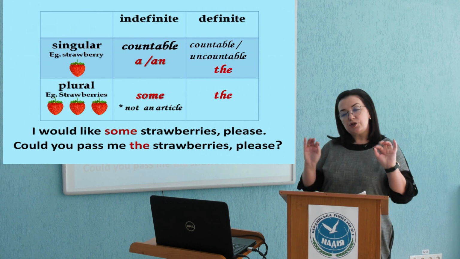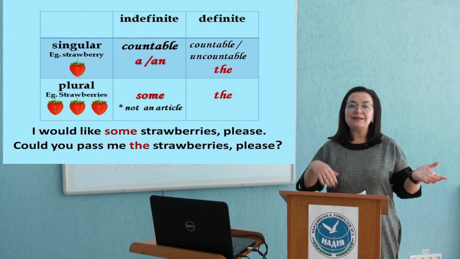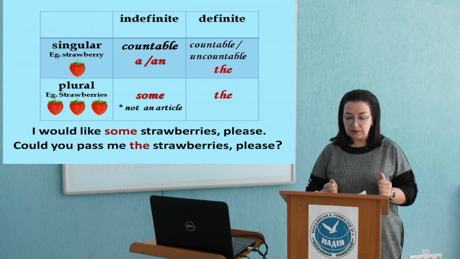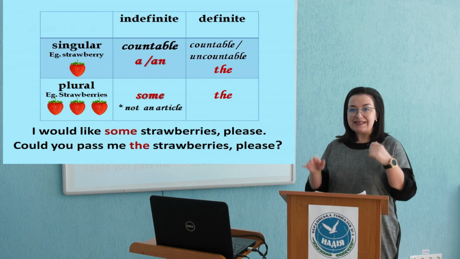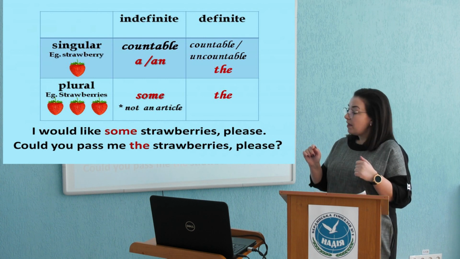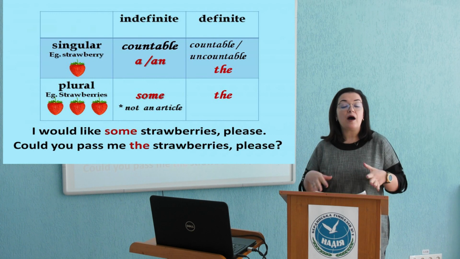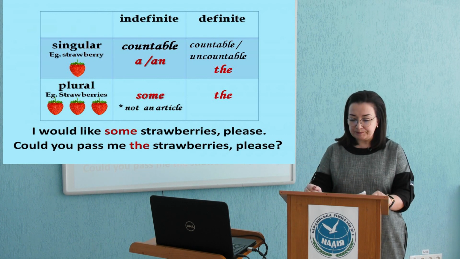Thinking about English nouns, we know that there are countable and uncountable nouns. Countable nouns can be singular and plural. So there's a lot to think about, and it really affects how you use the articles.